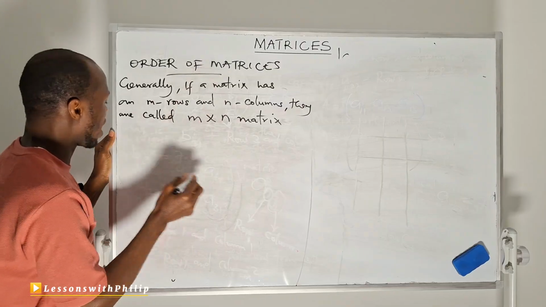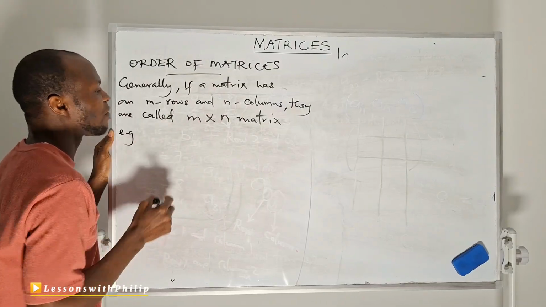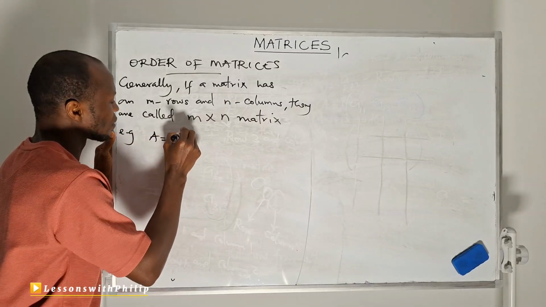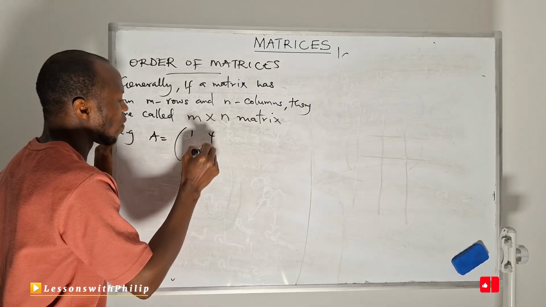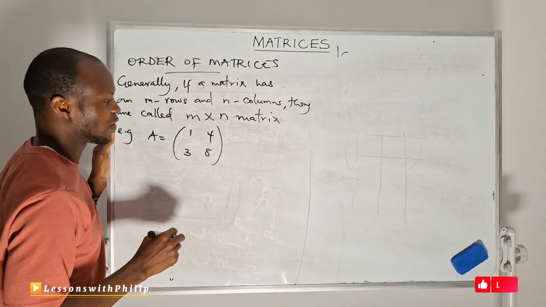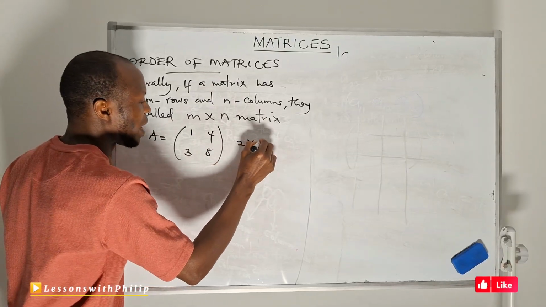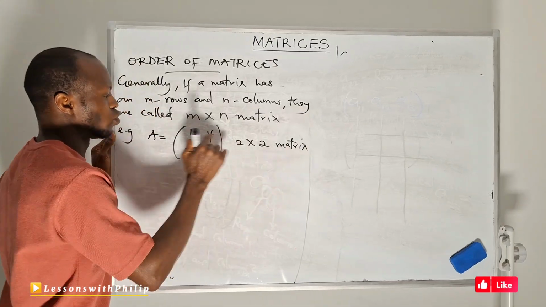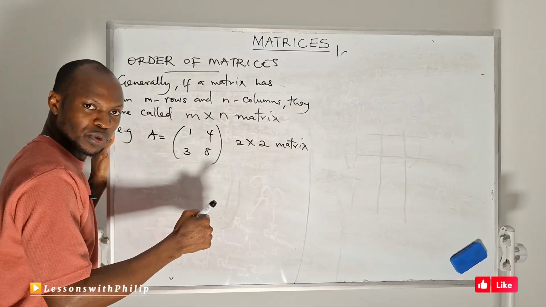For example, if I have a matrix, let's say A equals 1, 4, 3, 8. What is the order of this matrix? The order of this matrix is 2 by 2, because it has 2 rows and 2 columns.